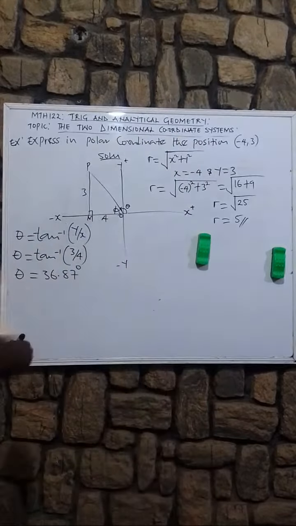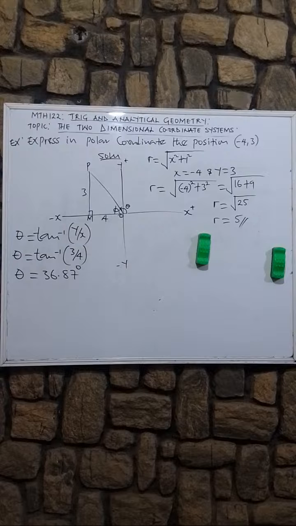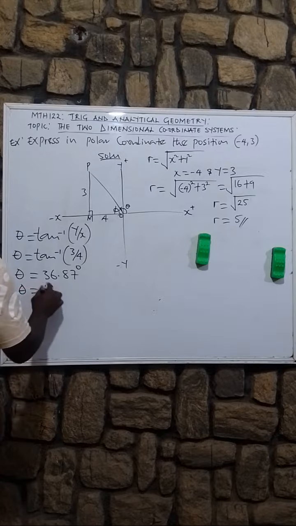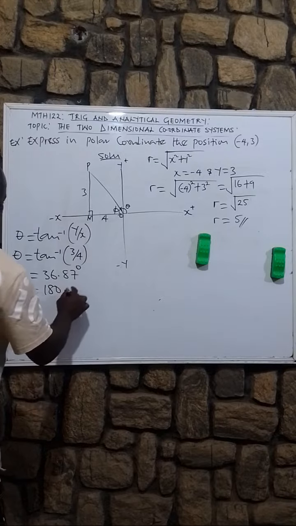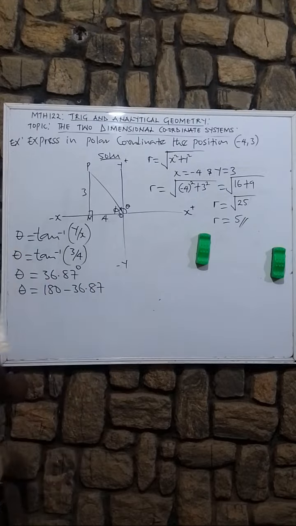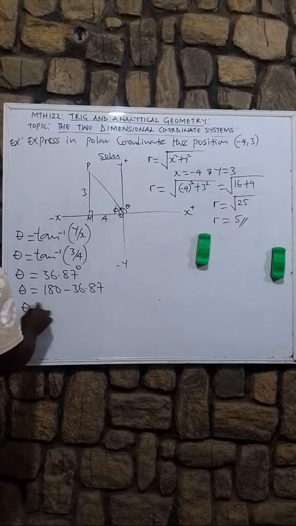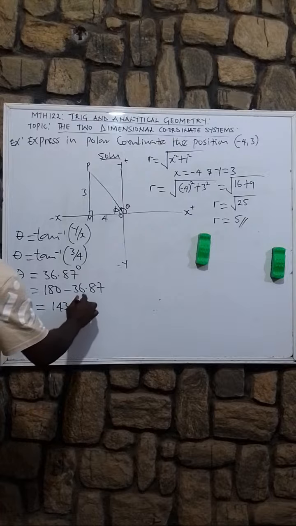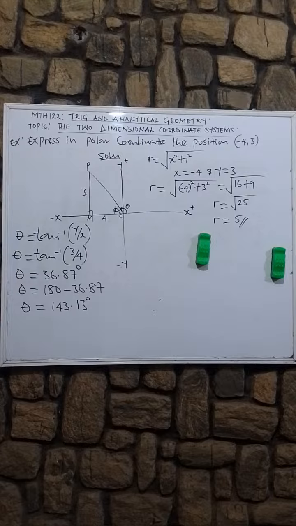So here our theta will now be equal to 180 minus 36.87. If you press your calculator, you are going to have 143.13 degrees. So theta is going to be 143.13 degrees.